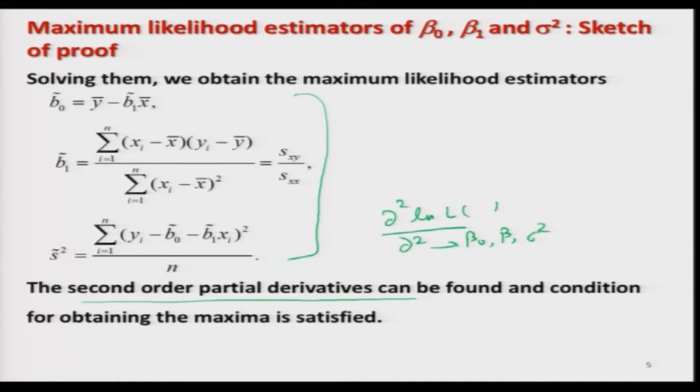Then create the bordered Hessian matrix, and you can show that these three values maximize the likelihood function. Hence, these three values can be called the maximum likelihood estimators of beta 0, beta 1 as well as sigma square. So this was all about maximum likelihood estimation.